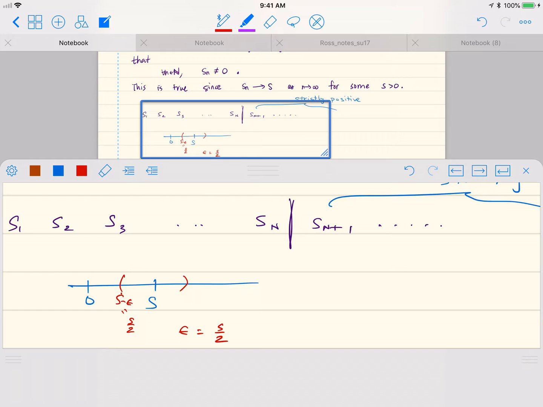We can find some index N such that n bigger than N implies Sn is bigger than S minus epsilon, which implies Sn is bigger than S over 2, so Sn is bigger than 0. So we can start our sequence at S sub N plus 1.